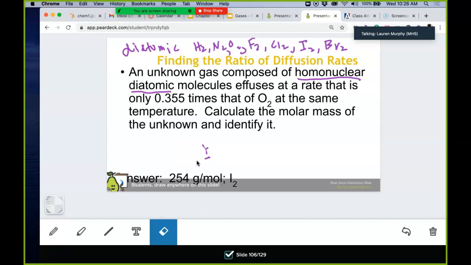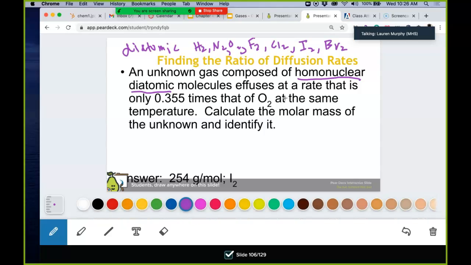Okay. And they say that the rate of the unknown diatomic, just call it X or X2, whatever, is 0.355 times the rate of O2.